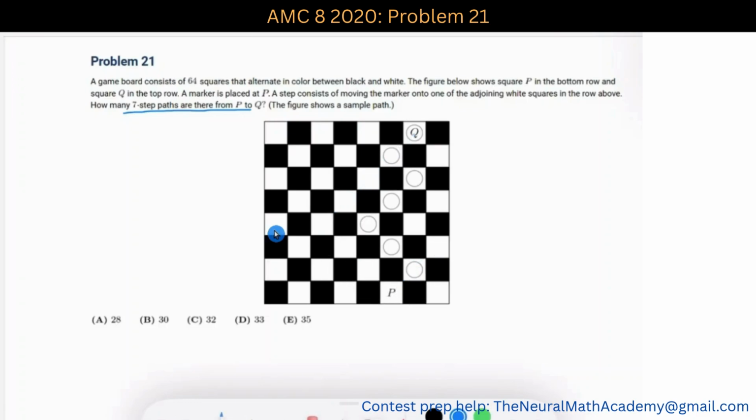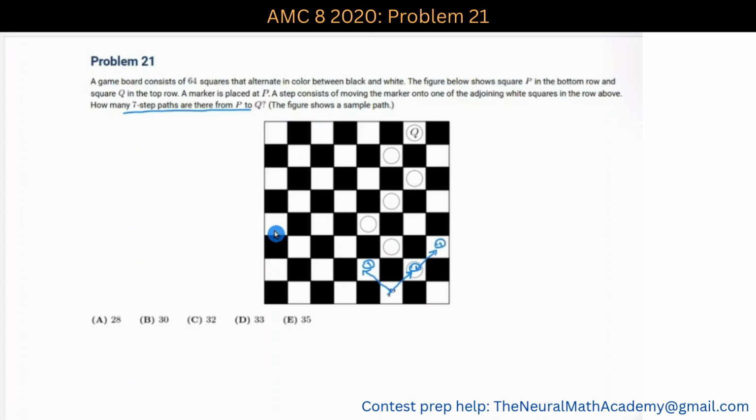So now we have to find the number of ways. When we move from P to this box, we have only one way of going, and similarly only one way from here to here. Similarly, if I move to the next square, I have only one way.